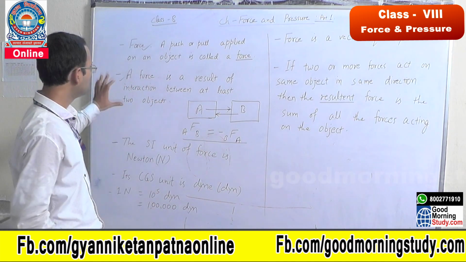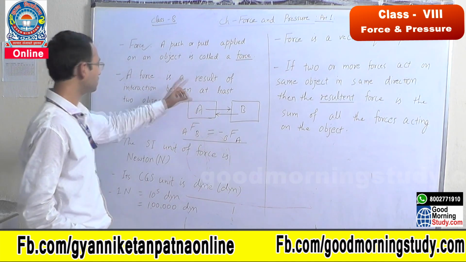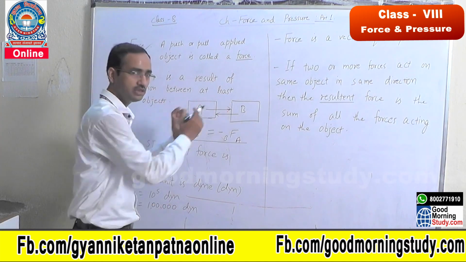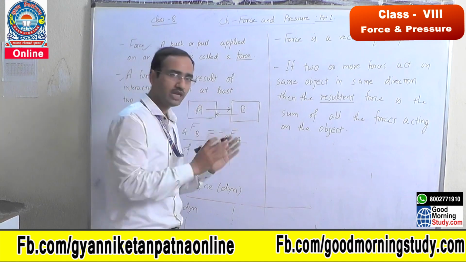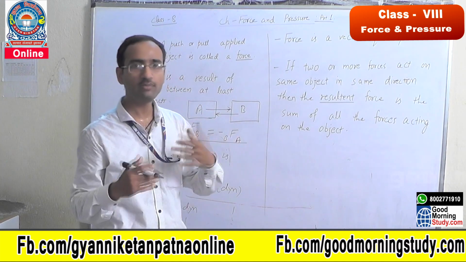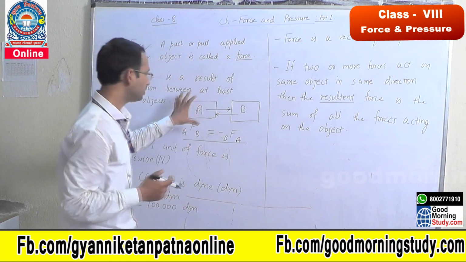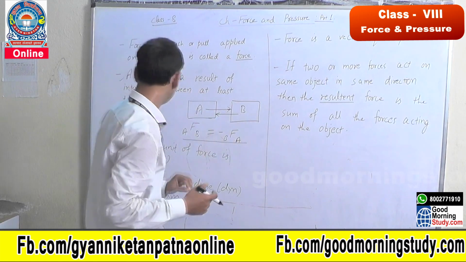Now students, you have understood that force is a result of interaction between at least two objects. Here both the objects may be in physical touch or may not. This we will study later.